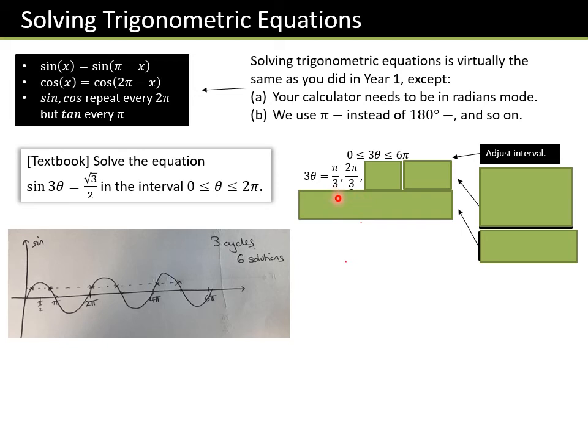So if I add 2 pi to pi over 3, that's 6 pi over 3 plus pi over 3. If I add 6 pi over 3 to each of those, I'll get 7 pi over 3 and 8 pi over 3, and then add another 6 pi over 3 to each of those. That gives me my 6 solutions in the range.